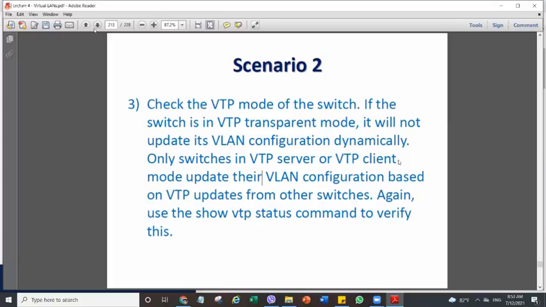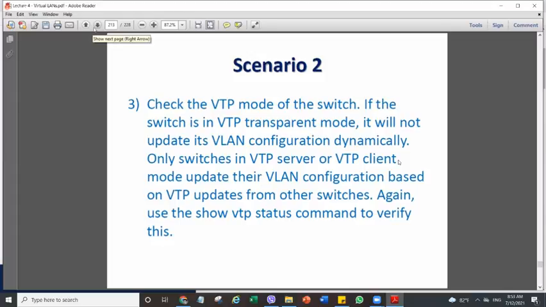So you know those things. We configure the VLAN in server mode and those will be received by the client. So that feature should be correctly implemented. It means you should not configure all the switches in client mode, because then obviously you can't configure the VLANs.